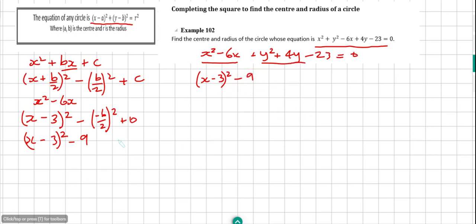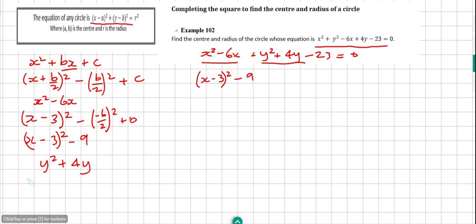Then if I do a similar process for the y one, we've got y² + 4y. We're just going to treat the y as though it's an x in this case. Our value of b is 4.